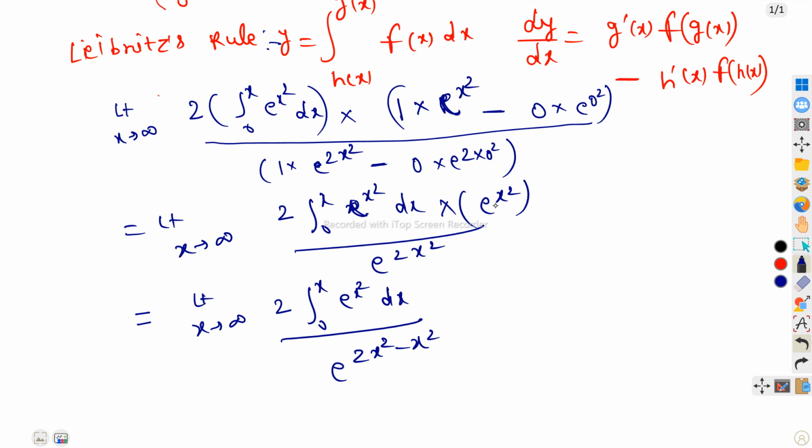Why? Because we subtract the power by division rule. The power rule, limit x tends to infinity of the integral from 0 to x of e^(t^2) dt upon e^(x^2).